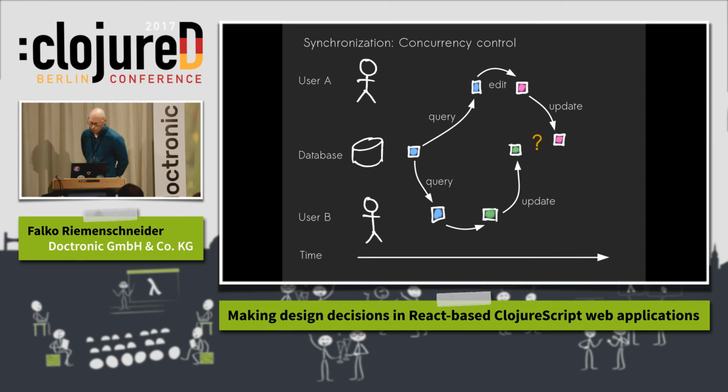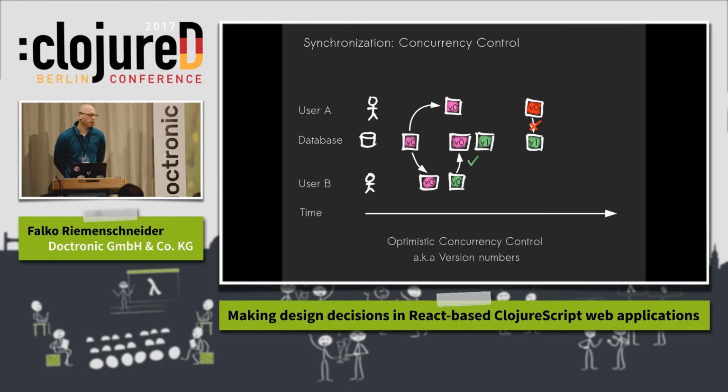The classical approaches to solve this problem are pessimistic and optimistic concurrency control. Optimistic concurrency control means that you add a version number to your entities, and you might want to store them also in the backend and in the database.